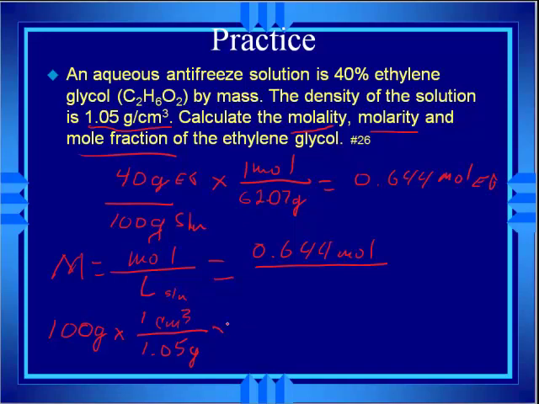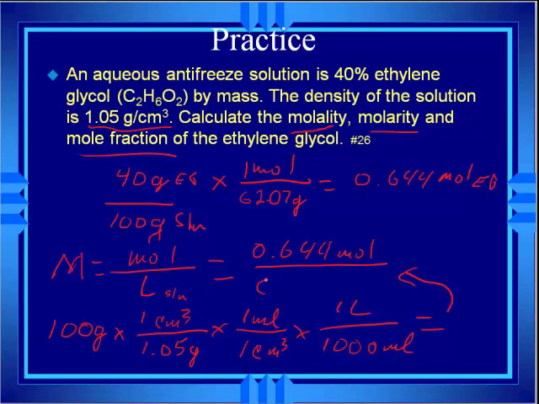Now I want liters, so 1 cubic centimeter is 1 milliliter, and then 1,000 milliliters is 1 liter. And the answer to that is 0.0952 liters.